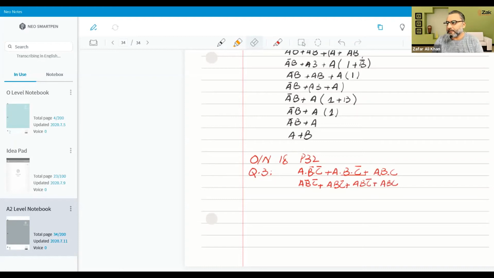What I have done, I have actually made two copies of this, knowing that A, B, C naught plus A, B, C naught is equal to A, B, C naught. Okay, so idempotent law.